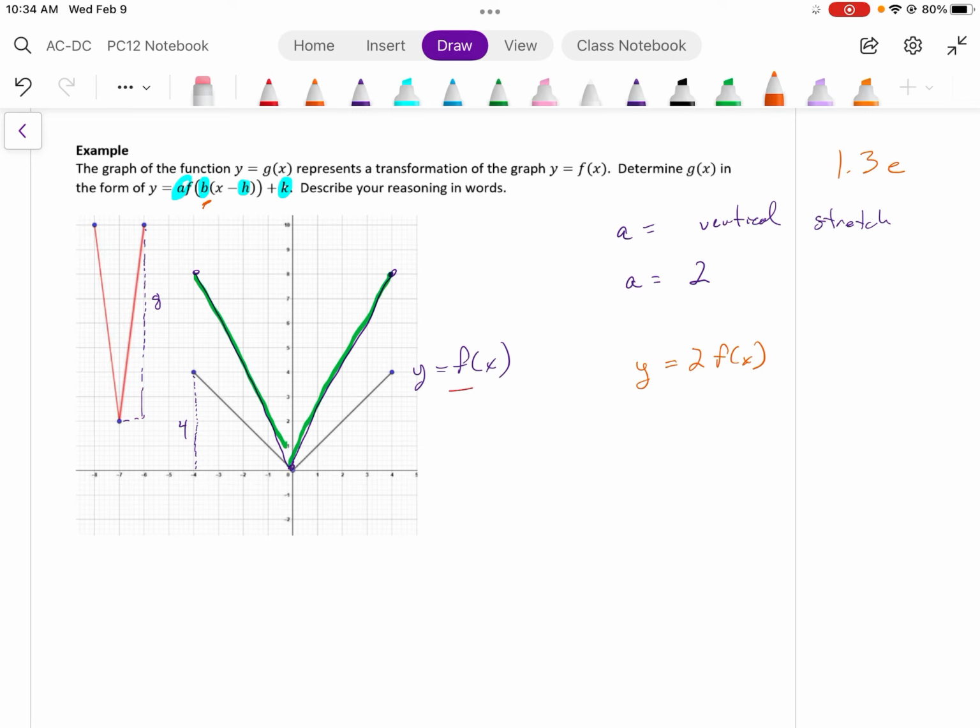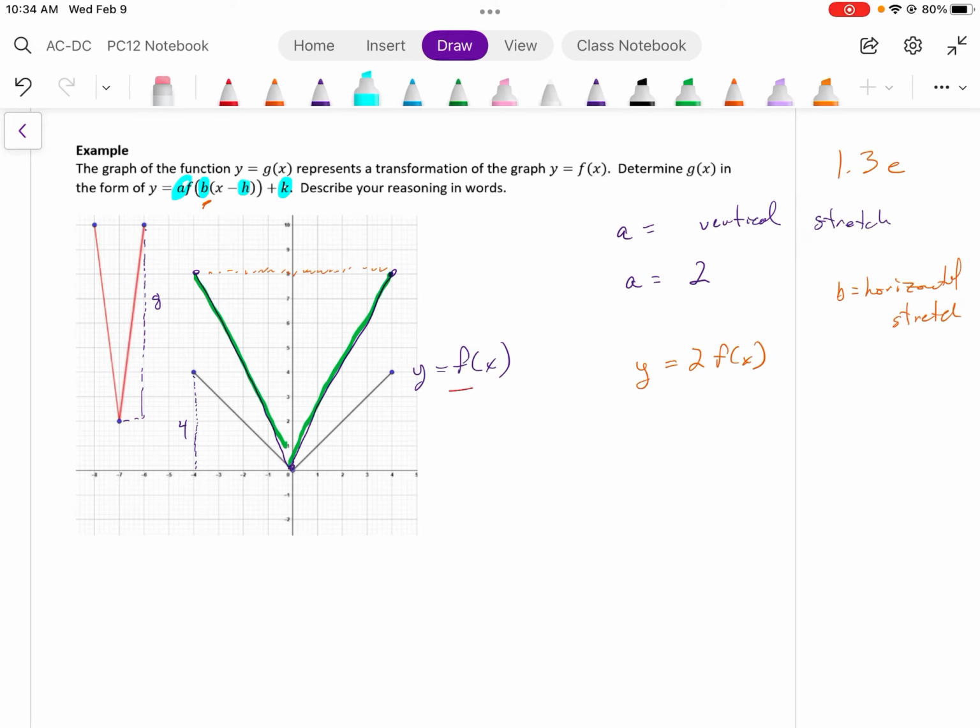Well, B controls the horizontal stretch or compression. So I see B. Now, if I take a look over here, I'm going to call it how wide did this open up. And by the way, it's naturally implied that I'm looking at this point, and this point. For some reason, these are the 3 points that sort of define this function. And how wide is the mouth of this V?